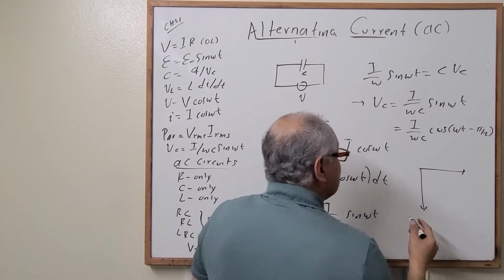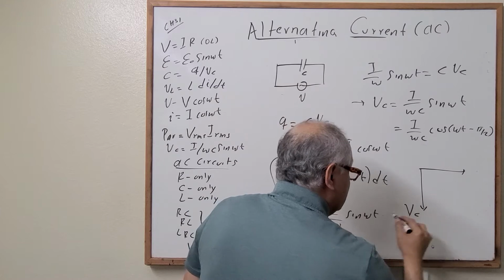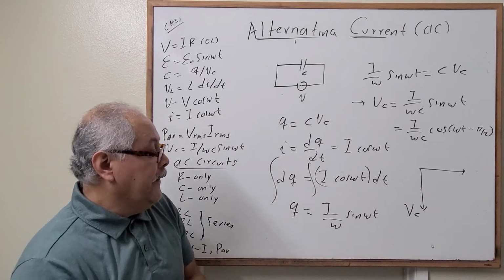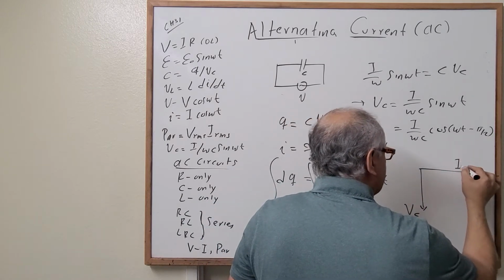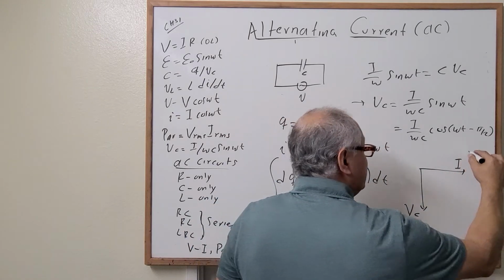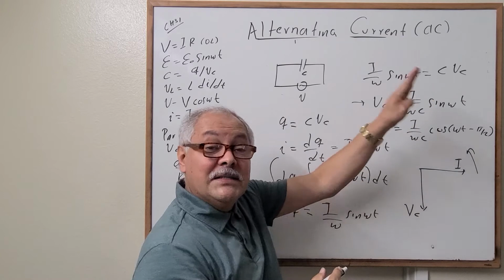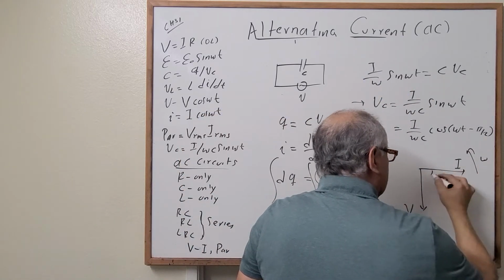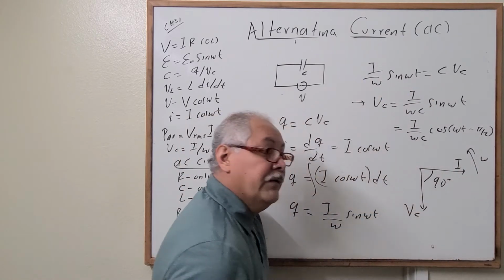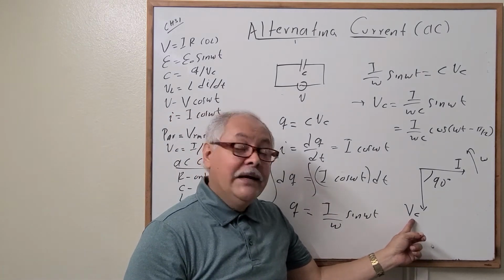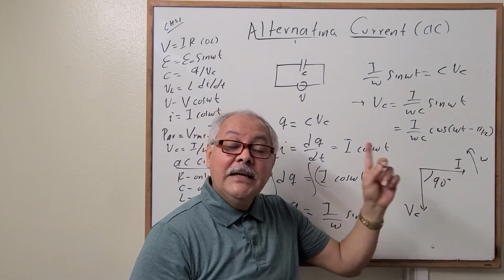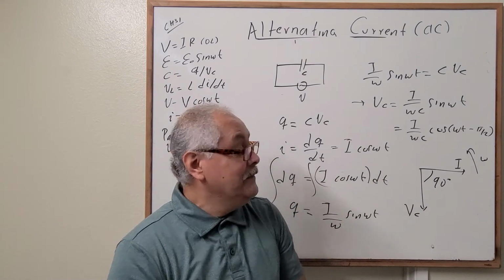If this is the maximum voltage of the capacitor, this is the current. Remember the phasor diagram rotates counterclockwise, correct? So we have a phase difference of 90 degrees, which means that the voltage of the capacitor is behind the current by 90 degrees.